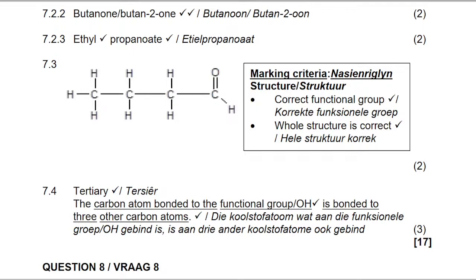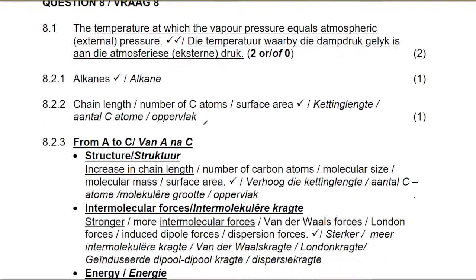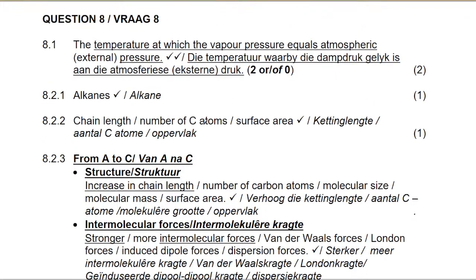Yes, question 8, I think it's on physical properties. 8.1, five compounds A to E are used to investigate factors affecting the boiling point. The results obtained are shown in the table below, with the compounds, their different functional groups, and their boiling points on the right.